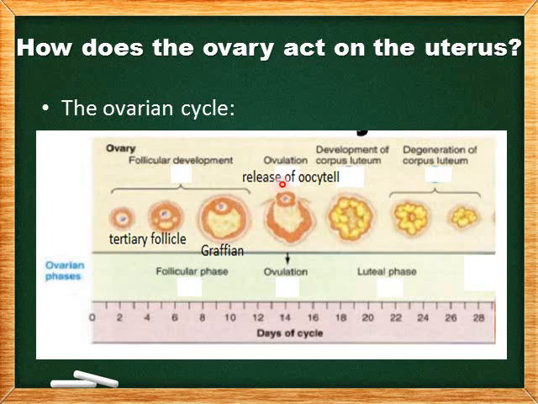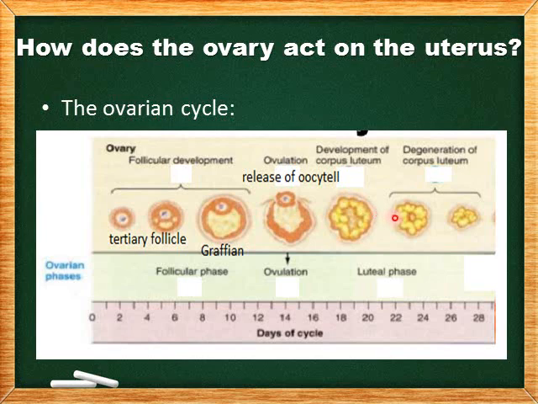So we have to say that there is a transformation from follicular cells into luteal cells. Now it becomes a yellow body made up of luteal cells, and that's why we call the phase after ovulation, the post-ovulatory phase, the luteal phase, characterized by having a corpus luteum.